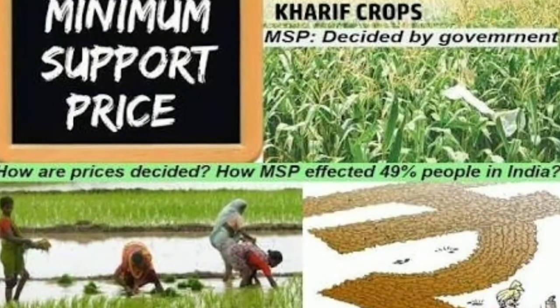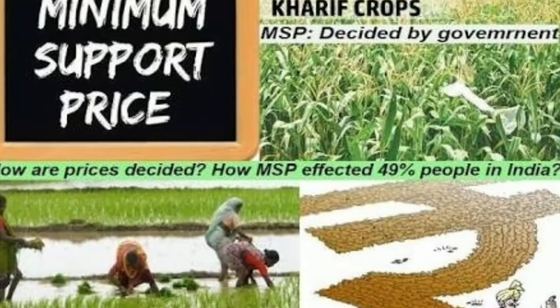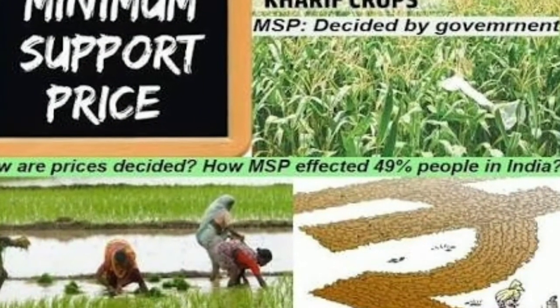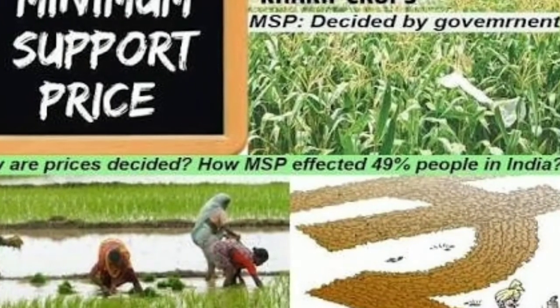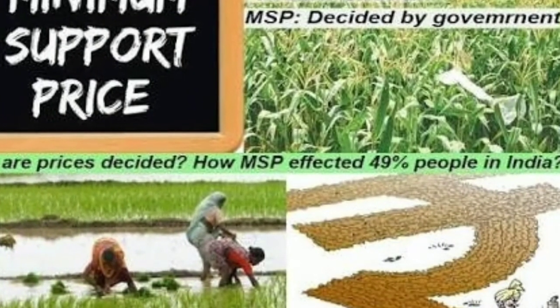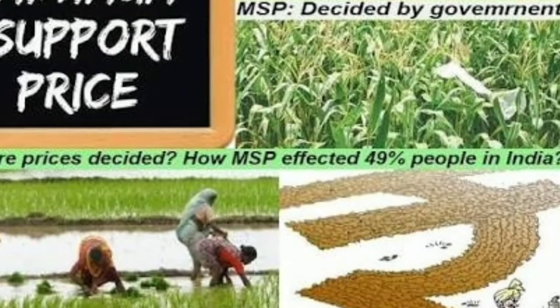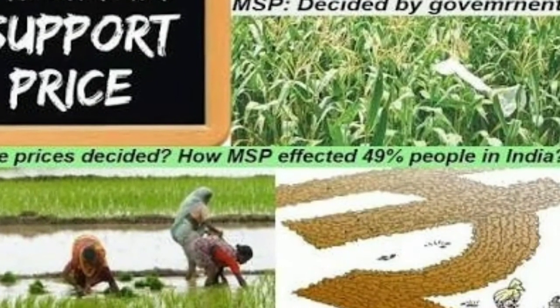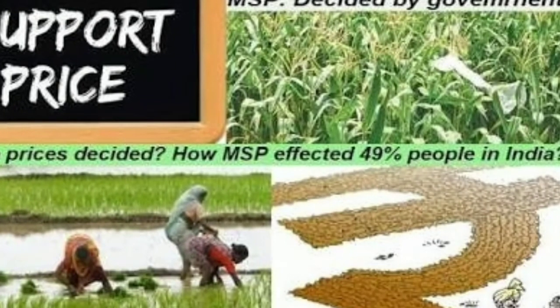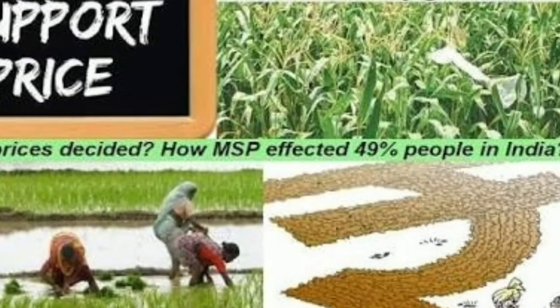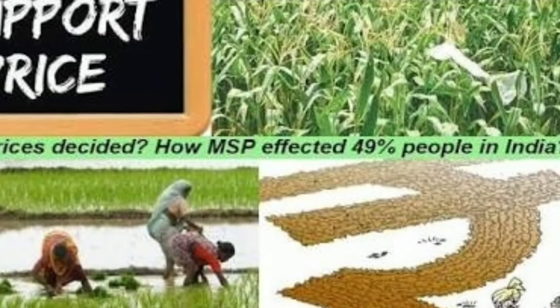Minimum Support Price. Minimum support price is a price fixed by an expert group for a particular crop by considering various costs involved in the cultivation of that crop. After announcing the MSP, the state will open procurement centers in places where these crops are widely grown.